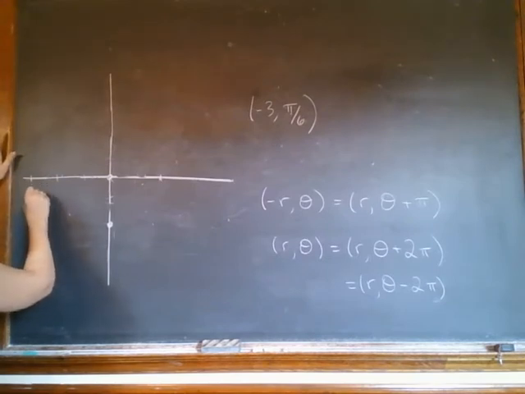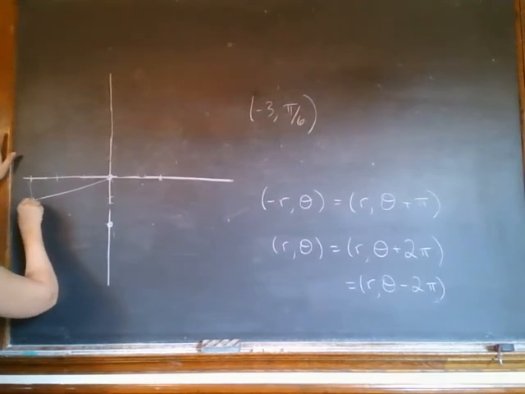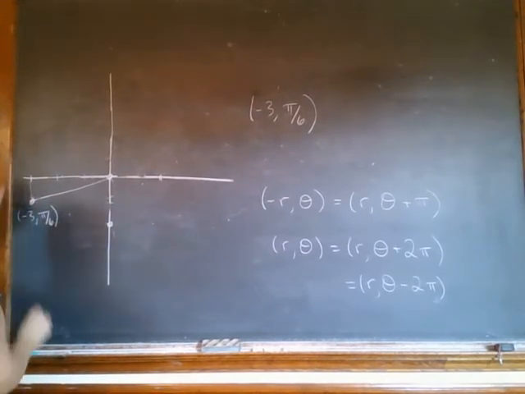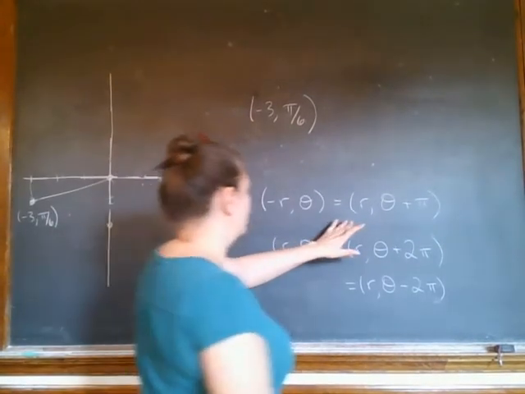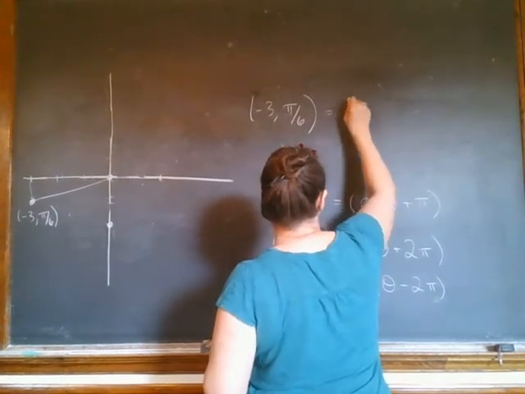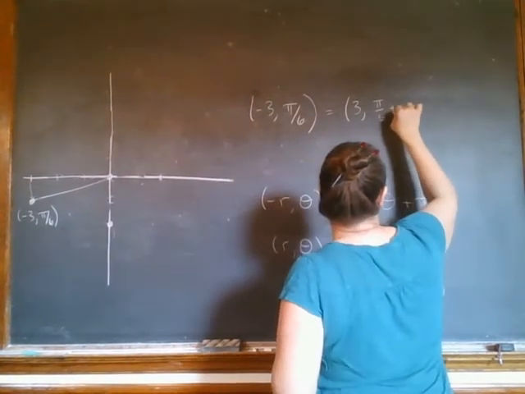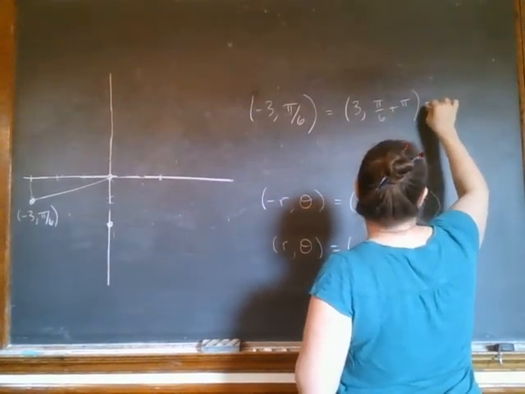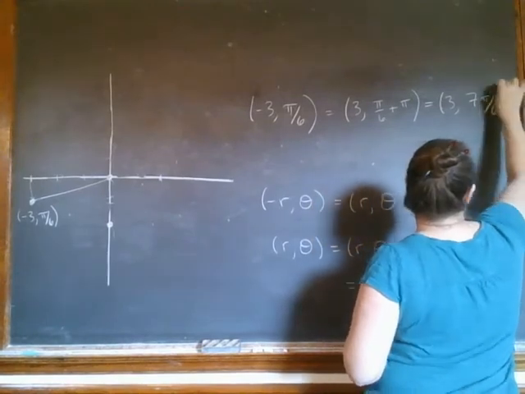And then I go pi over 6 this way, so it would be here. If I prefer to get rid of the negative, if possible, I can just literally do this, right? Pi over 6 plus pi. So this is 3, 7 pi over 6.